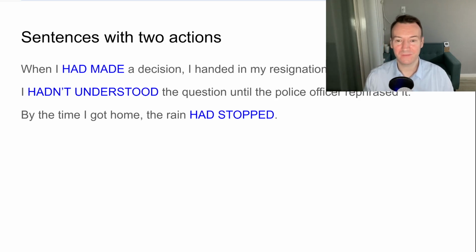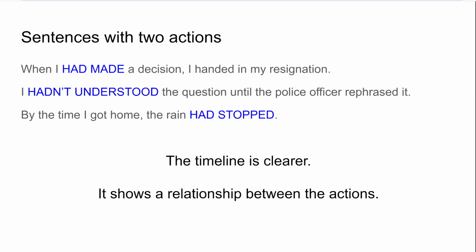So let's have a look at some other examples of this, where the time is clearer and it shows a much better relationship between the actions. So let's look at example number 1. I will give you a moment just to read it.